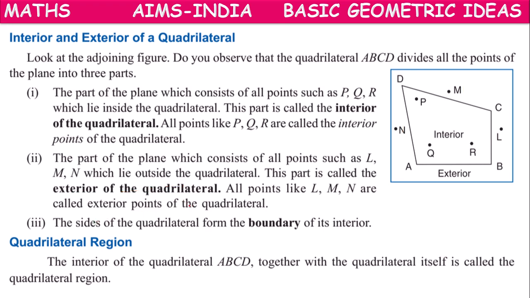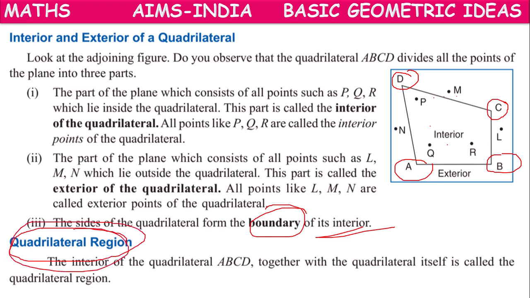Whereas the points A, B, C, D and the sides AB, BC, CD, DA form the boundary of its interior. For the interior, it acts like a boundary. So the interior part together with the boundary is called the quadrilateral region. Means interior plus boundary.